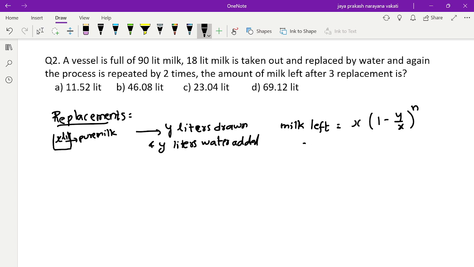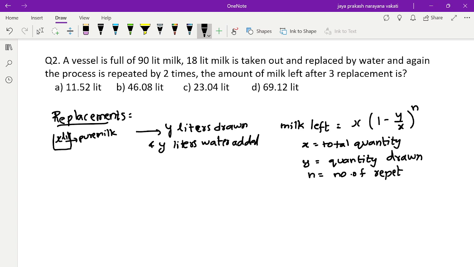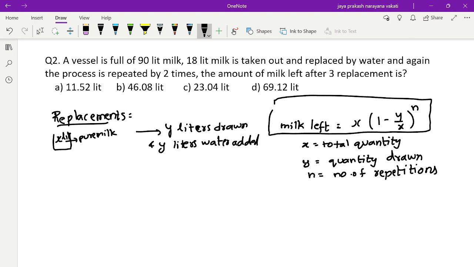Where x is the total quantity, remember it guys, total quantity, y is quantity drawn, n is number of repetitions. So this is it. So remember this formula, milk left or pure liquid left.